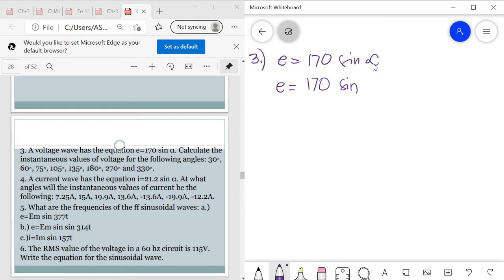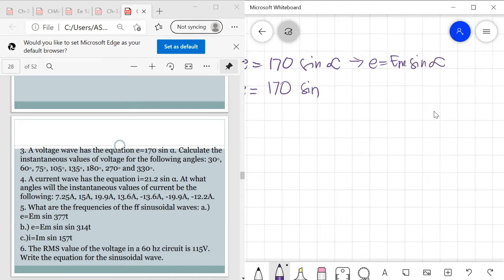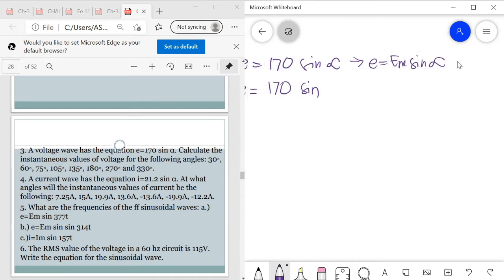Because there is no angle phi. The equation will be E is equal to EM sine alpha. Walang value yung plus or minus phi. So, this is a sine in phase or unity equation.